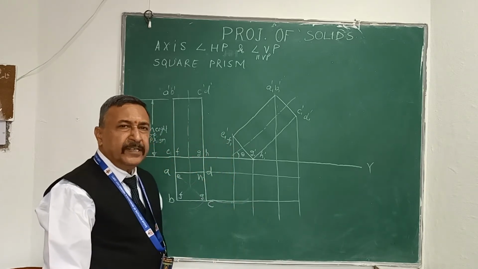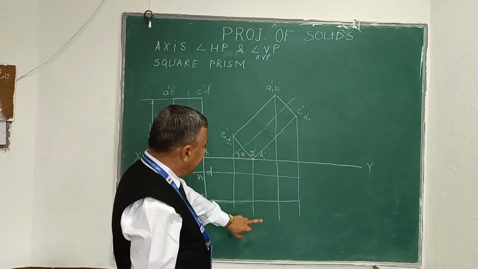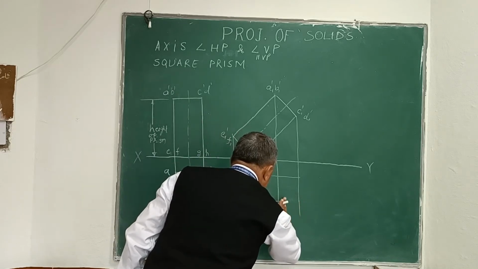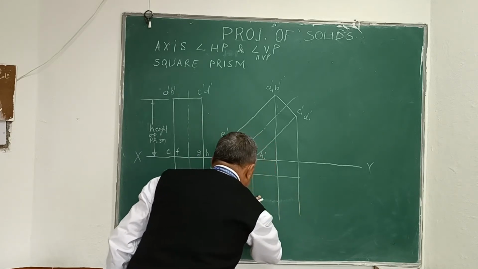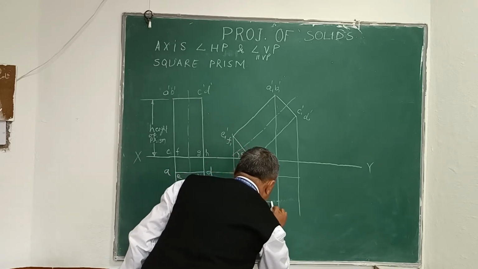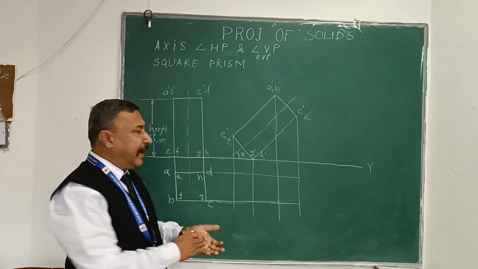This is the position, axis inclined to HP and parallel to VP. Now we have to draw here the top view and complete it. How? We have drawn it already last time.